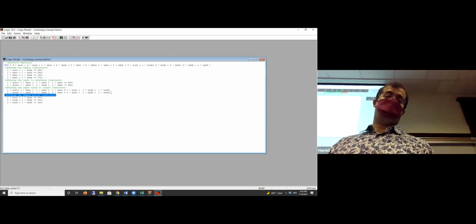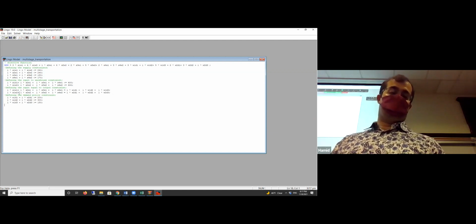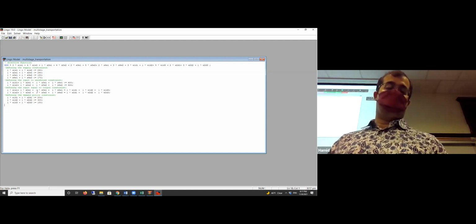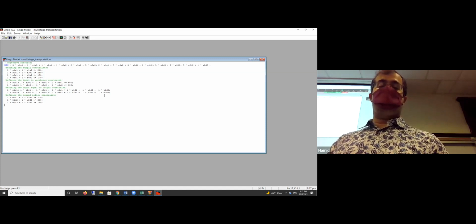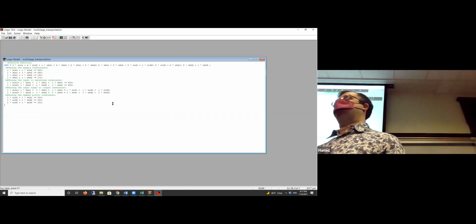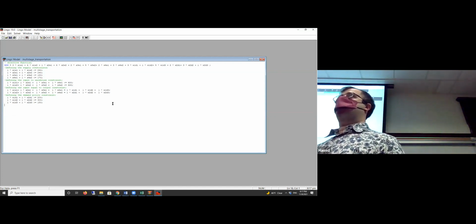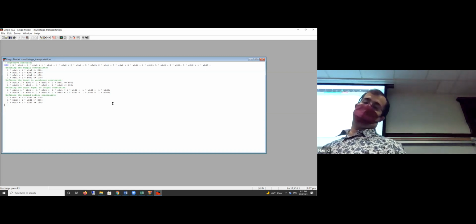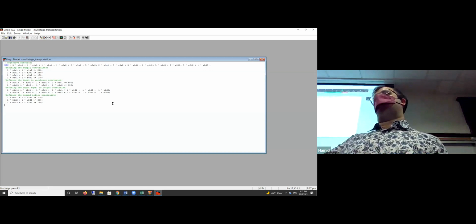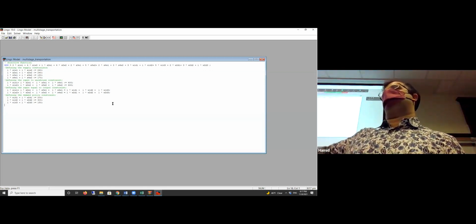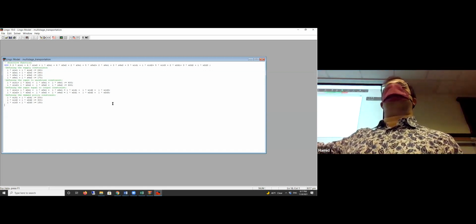I think the next two lines make more sense. Let me read the first one. S1W1 plus S2W1, S3W1, S4W1 equals W1D1, W1D2, and W1D3. What does it mean? Yes, exactly. Whatever comes to warehouse one should be equal to whatever goes out of it. So in equals out.